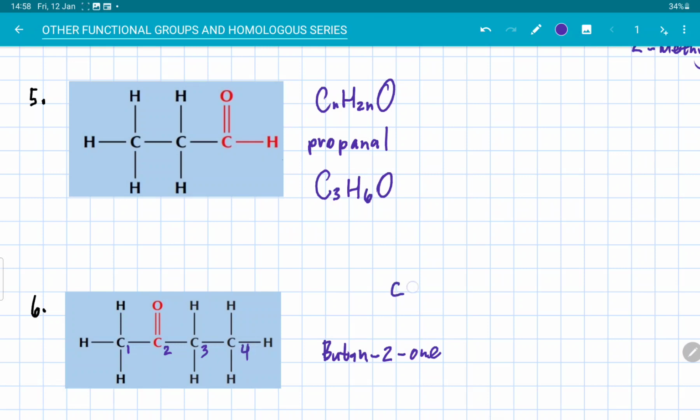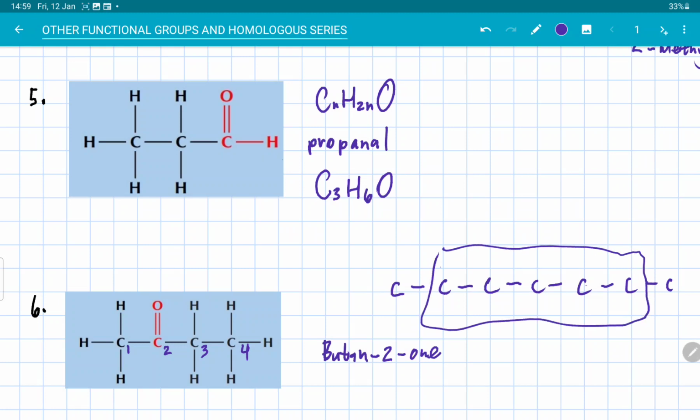Why? Because if I have, let me just use 7 carbon atoms, that C double bond O can be at carbon 2, or at carbon 3, or at carbon 4. So we have to mention the position of that carbonyl group, because it can occupy any carbon atom, as long as it's somewhere in the chain, that will make it a ketone.